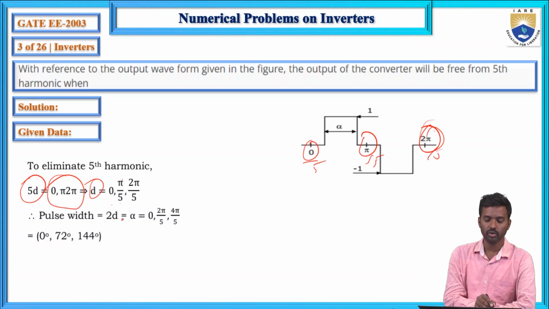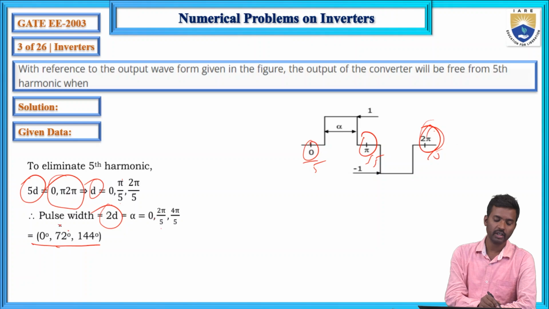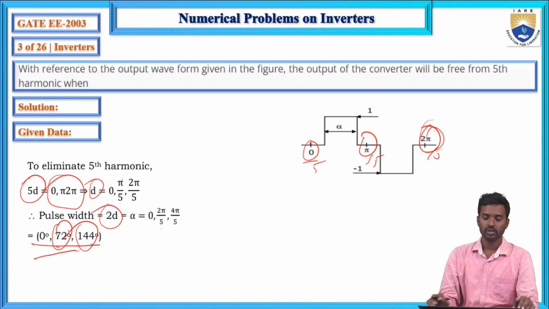The pulse width 2D equals 0, 2 pi by 5 and pi by 5. So 2D equals 0, 2 pi by 5, that means here 72 degrees, 144 degrees, 0 degrees.